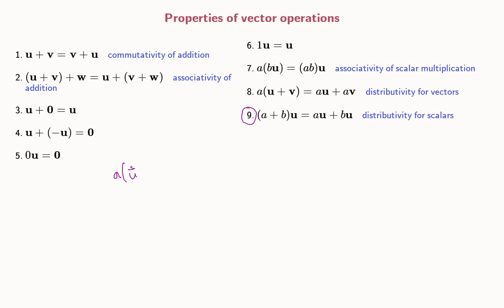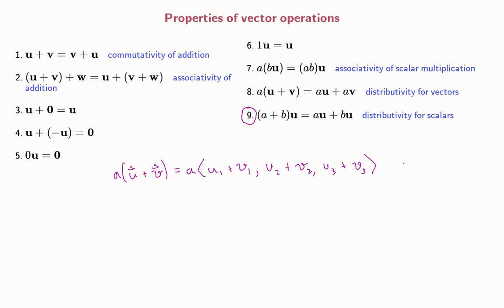So a times (u plus v). First, let's expand out the definition of u plus v. If these have coordinates u1 and v1 and so on, then by definition, we just do that.